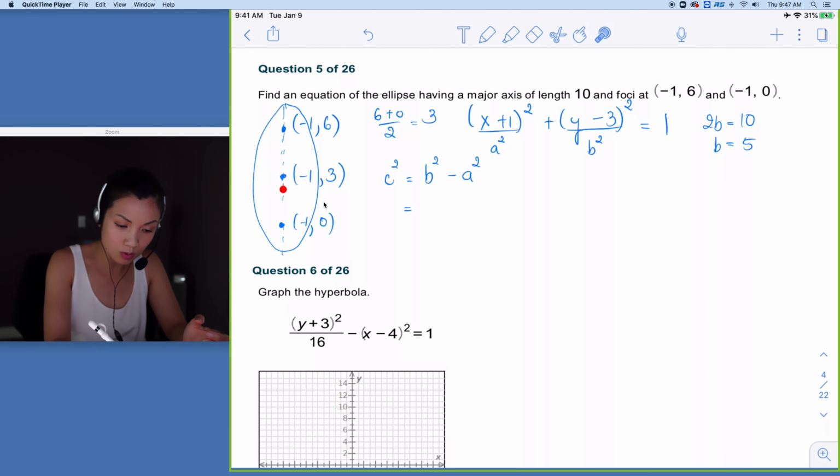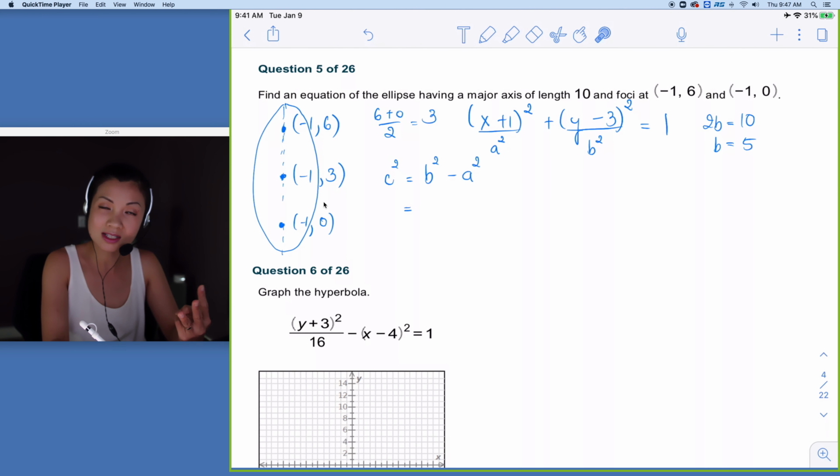So this whole thing is going to be 2c, and from here to here is going to be c. So what's that? From here to here, you see we go from 6 to 3, so c is 3. It's the distance. So if you take a look from here to here, 3 to 0 is still 3. So we know that c is going to be 3. So what I have is 3 squared, and b squared is 25.